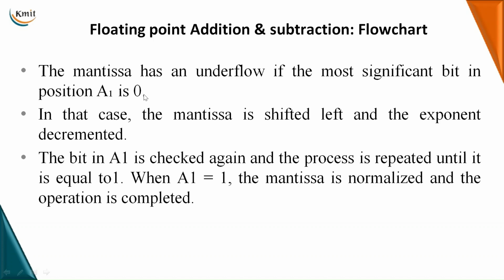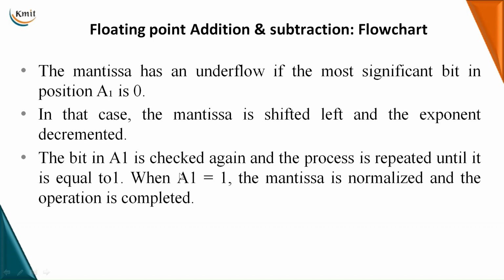If A1 is 0, it means there is an underflow situation in your result. In that case, the mantissa has to be shifted towards the left and the exponent has to be decremented, and this process has to be repeated. The A1 bit has to be checked again and again until the A1 bit is 1. So you are going to perform this normalization until your result comes to a normalized form.